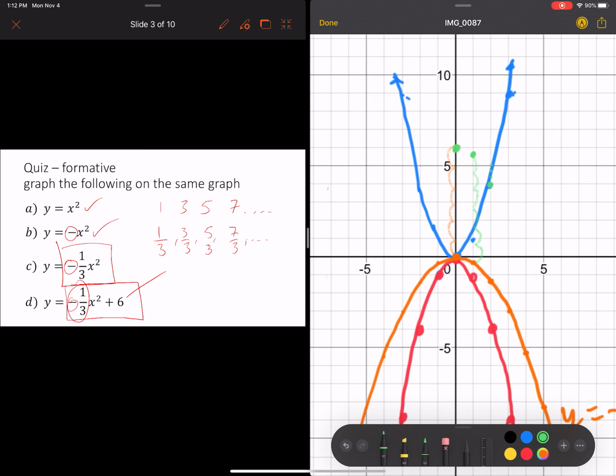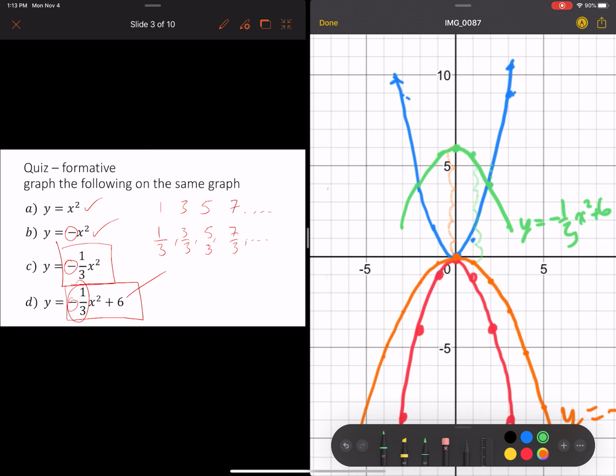My next point would be 7 up, so it'd be right there, etc., etc. And it'd be the same shape as our orange. The only difference would be y equals, it'd be 6 units shifted upwards, because that's what the 6 does.